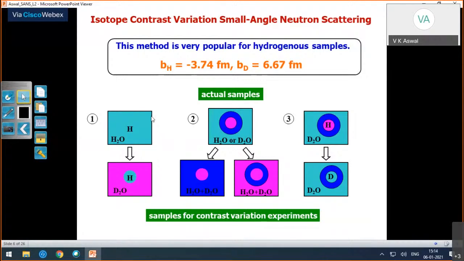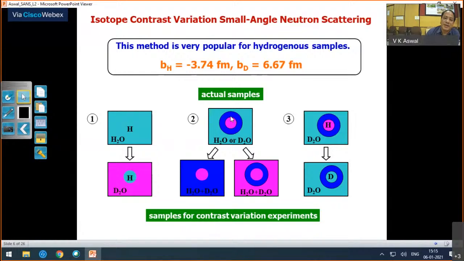It works for small angle neutron scattering. For the constituent, you should always prepare a deuterated solvent so that the visibility is enhanced.